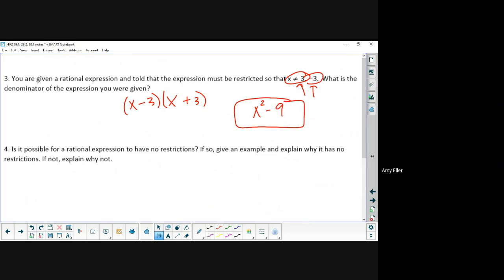Negative 9 plus x squared. Yeah, it's kind of sort of the same. Good idea. Other polynomials that would have just those same restrictions for a denominator.